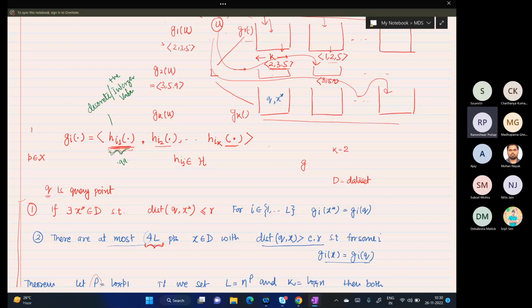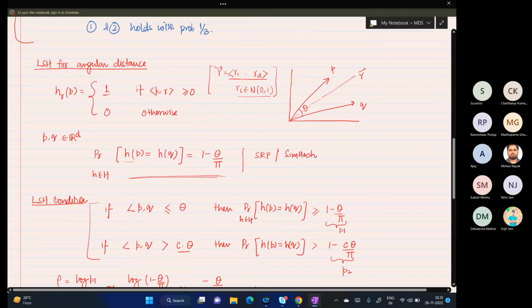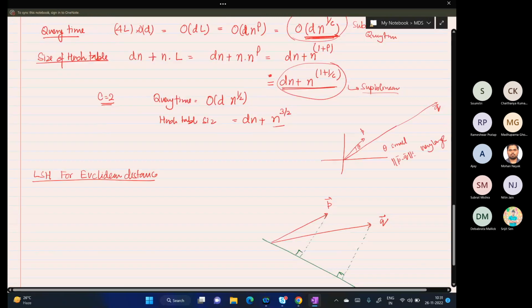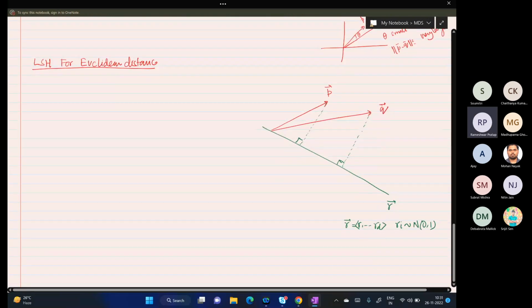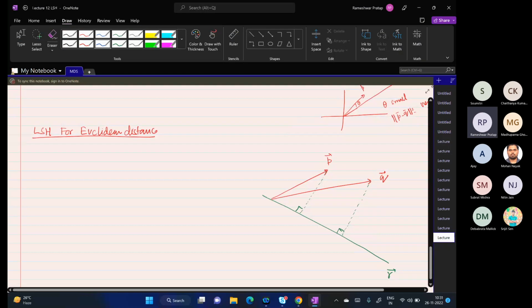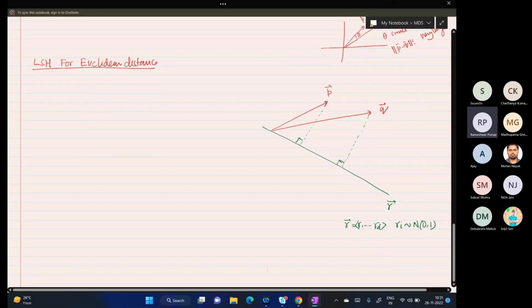Does this point make sense to you? Okay, so now what we do here is a bit not so intuitive.